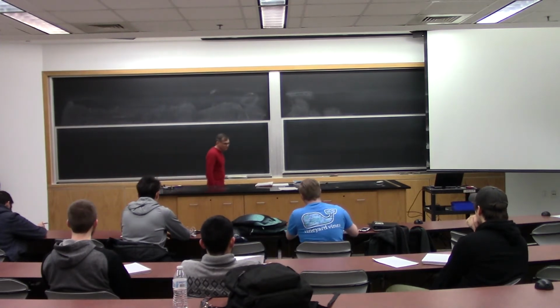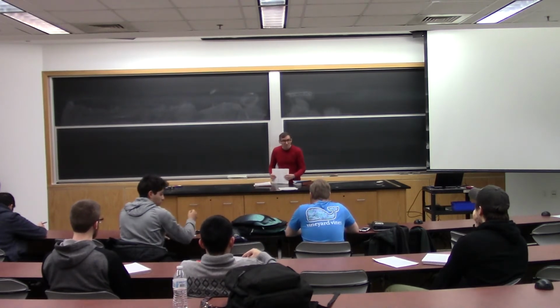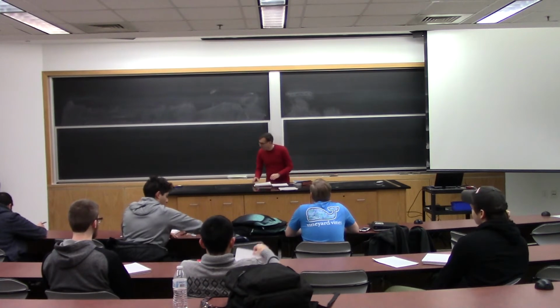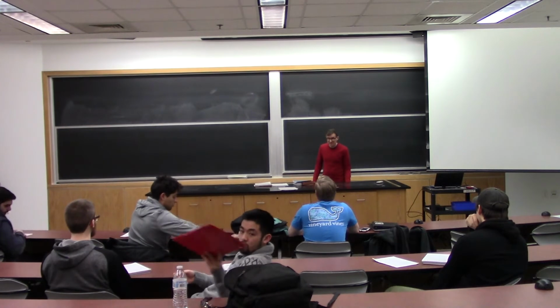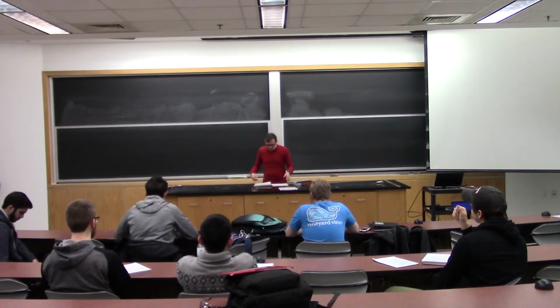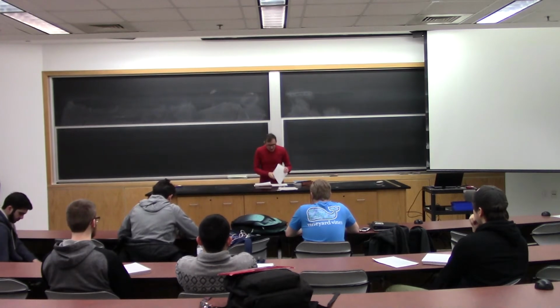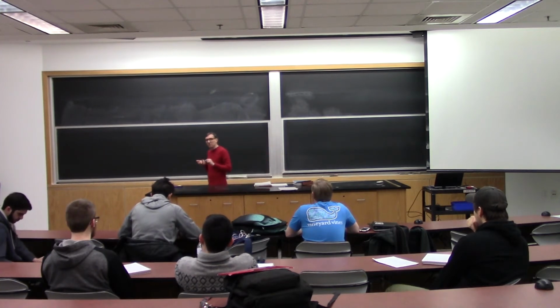Okay, so we started chapter 2 in class on Thursday, and we're building towards stating the second law of thermodynamics from a statistical mechanics perspective, by the way. And we started by talking about concepts of microstate and macrostate for any given system.